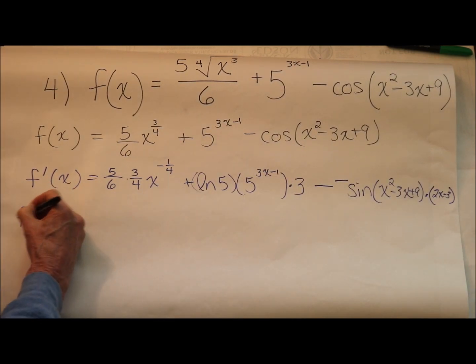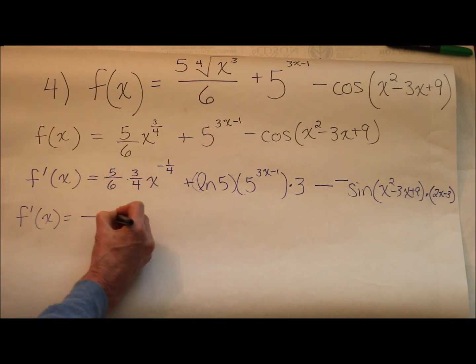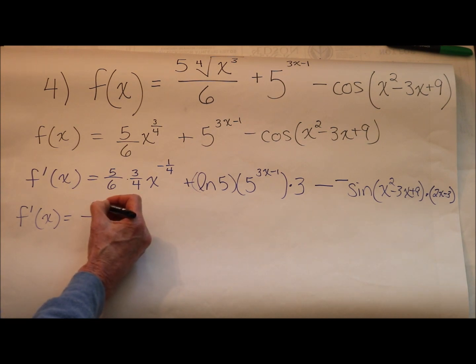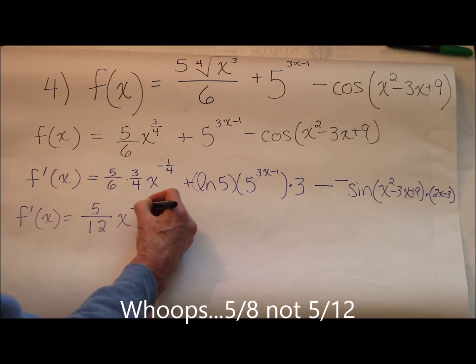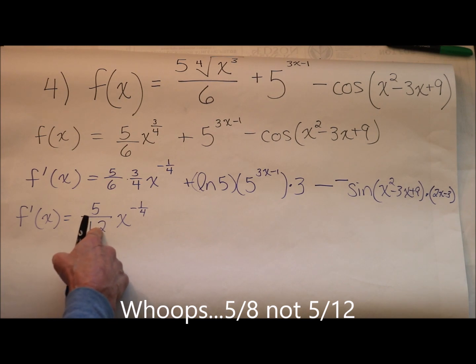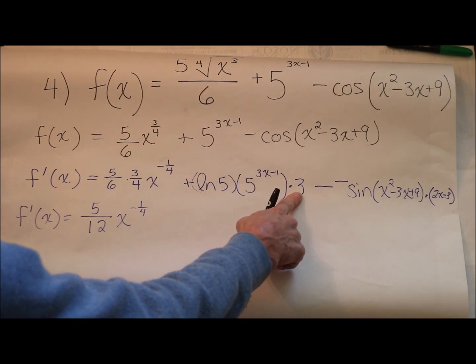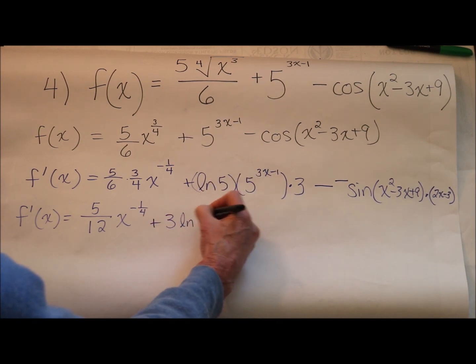So now I'm just going to clean things up a little bit. Let's see, this is going to give me 15/24, otherwise known as 5/12, x to the negative 1/4. You could leave that as a negative exponent or bring that into the denominator. Here, just to clean this up, I usually like putting the coefficient out front. So I'll say that's 3 times the natural log of 5.